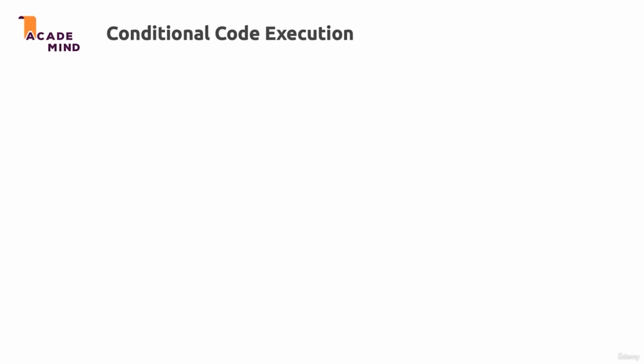I want to start with conditional code execution, which is super important. For one, there are certain, quite a lot of, scenarios which you couldn't really solve or handle without the availability of conditional code execution, so without features that help you run code based on certain conditions.